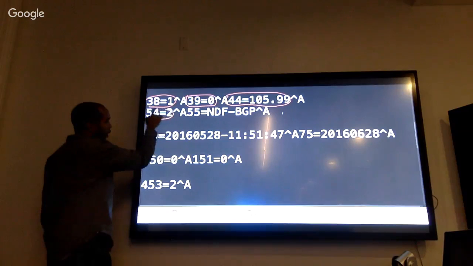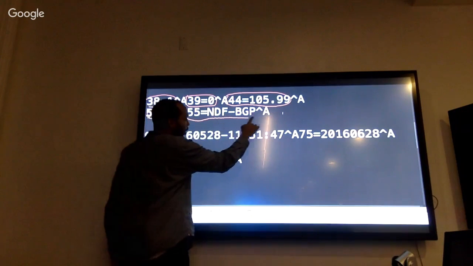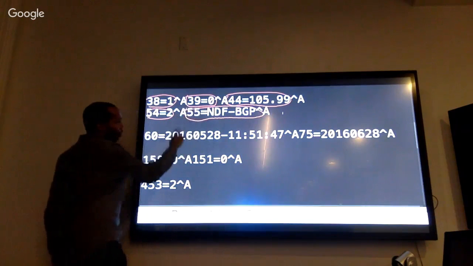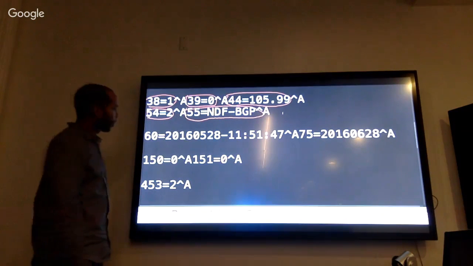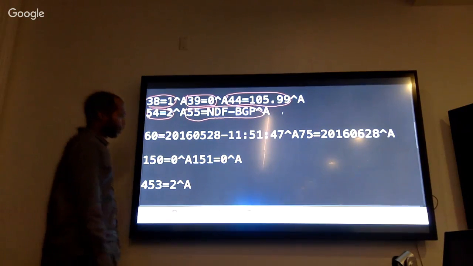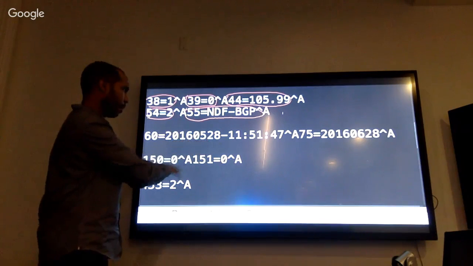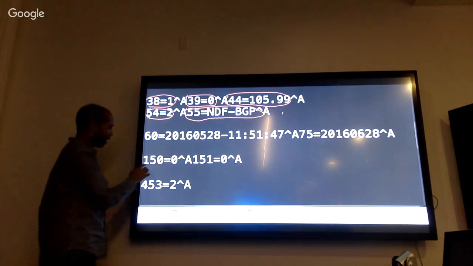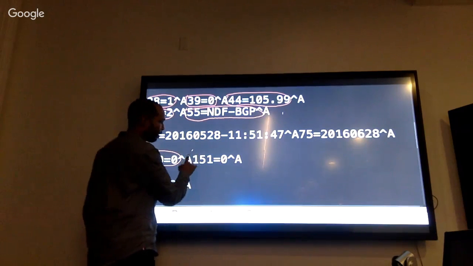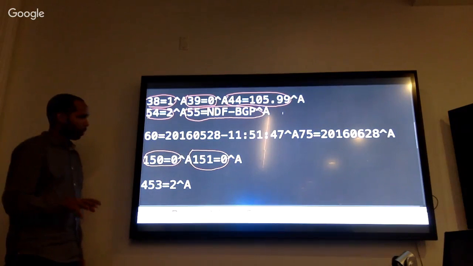Side is sell, 54 equals 2. Symbol is 55, an NDF of some sort. Then we have some time, and exec type, 150 equals 0. We have leaves quantity of 0, so there's nothing open on this order at this point.